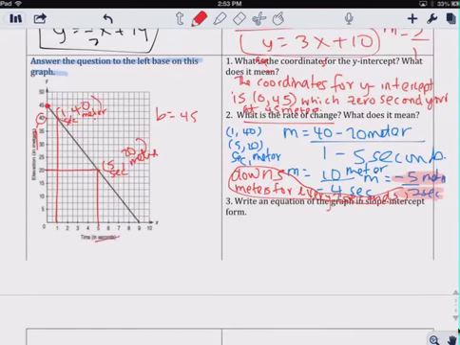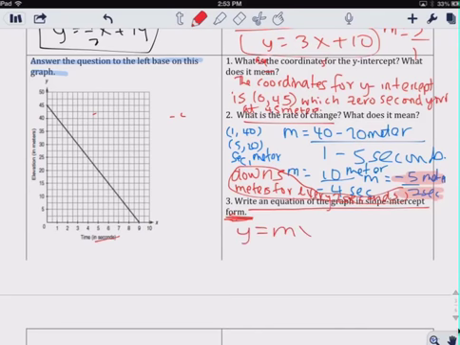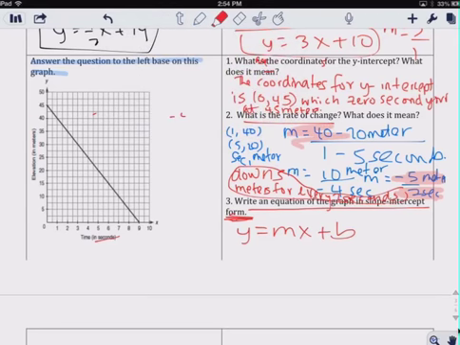Write an equation of the line and slope. Okay, let's write an equation of this line. In slope-intercept form, that's y equals mx plus b. Okay, we know our m here. m from this problem is right here. m is equal to -5/2. b is your y-intercept.